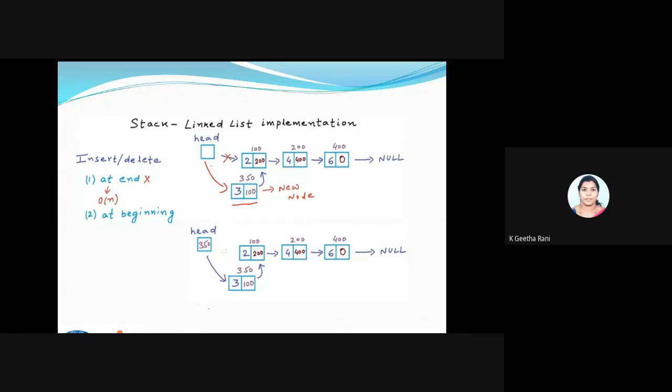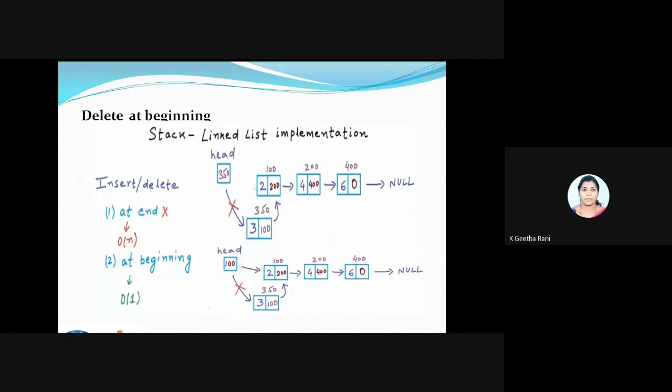Next, if I try to delete a node at the beginning of my list, let's see what happens here. This is my first node, and I'm trying to delete it. I can just put this node's address into my head.